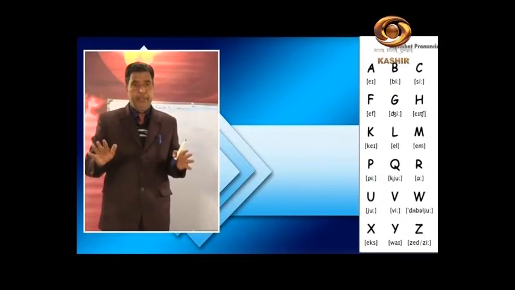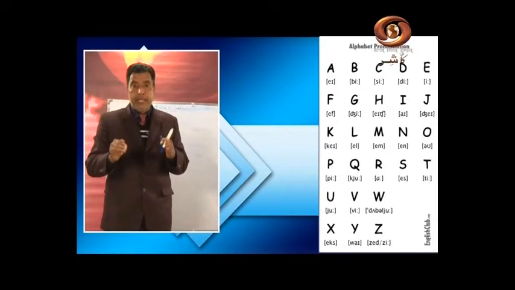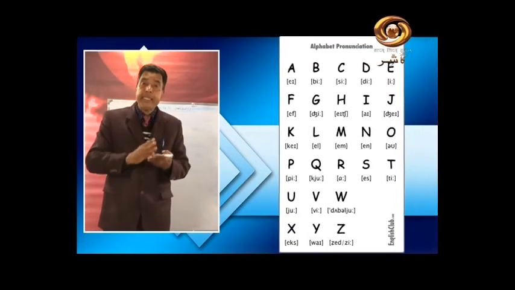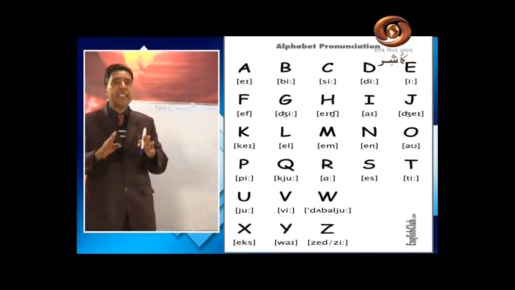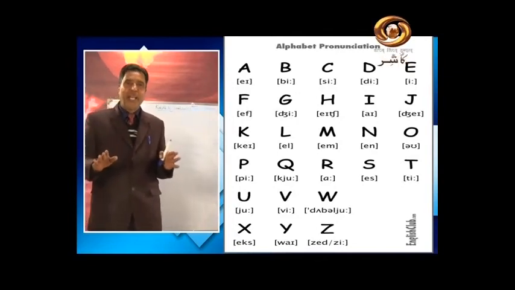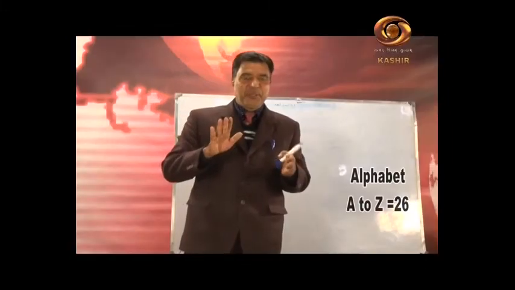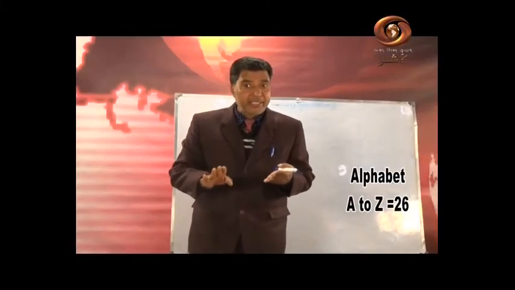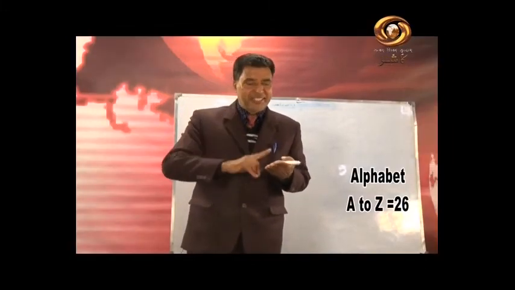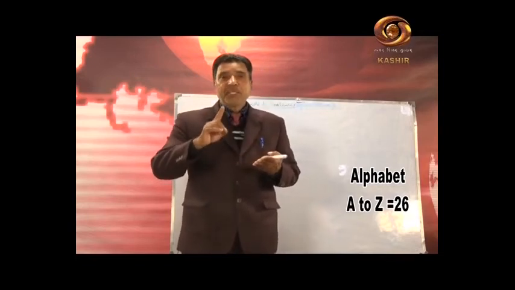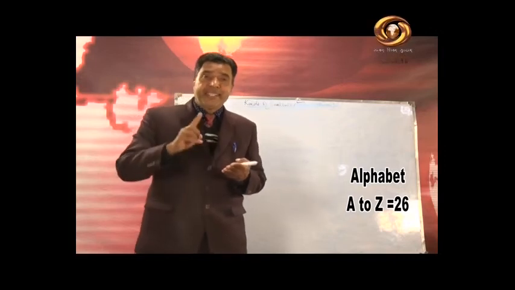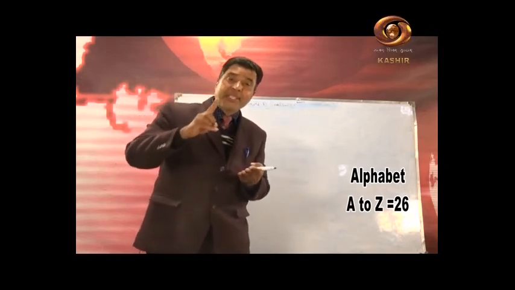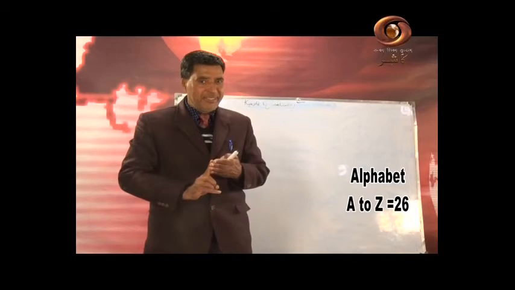Alphabet means a group of letters, A to Z. There are 26 letters in English, and these 26 letters are called an alphabet. So in English alphabet, how many letters are there? 26. A is the first letter of English alphabet and Z is the last letter of English alphabet.